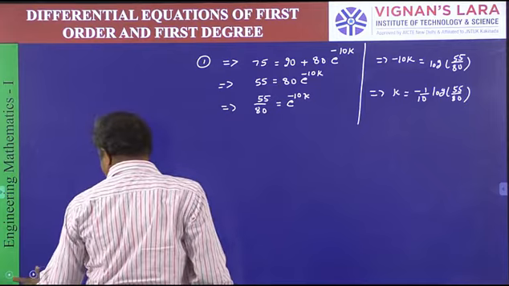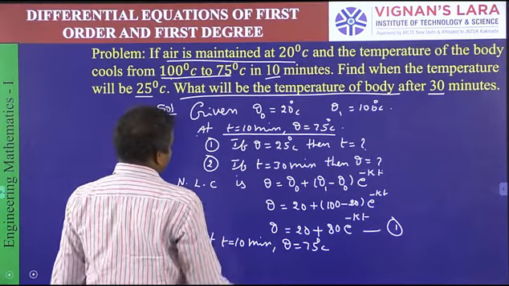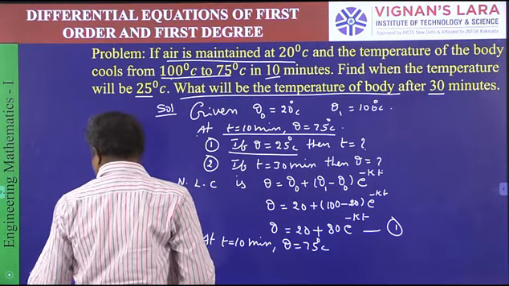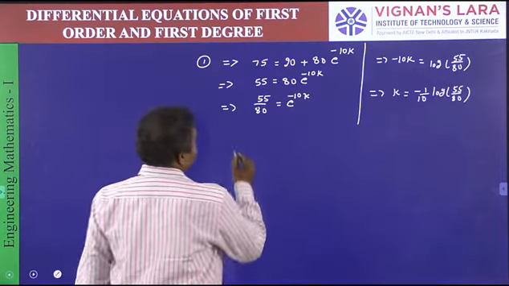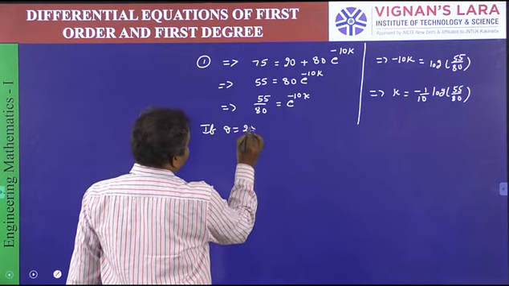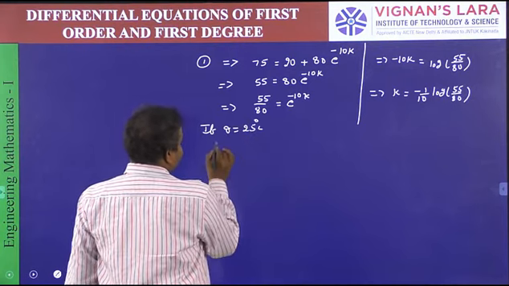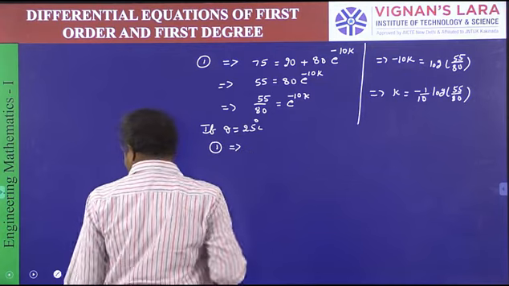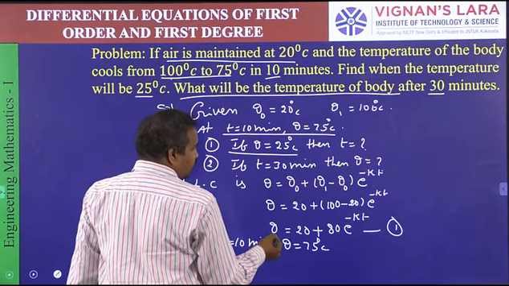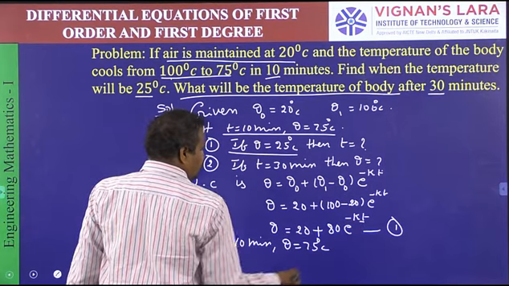Now, what is the first question? If theta is equal to 25 degrees, then t is what? If theta is equal to 25 degrees centigrade, then what is equation 1? This is our equation 1. Substitute theta value 25 degrees, then calculate the value of time t.